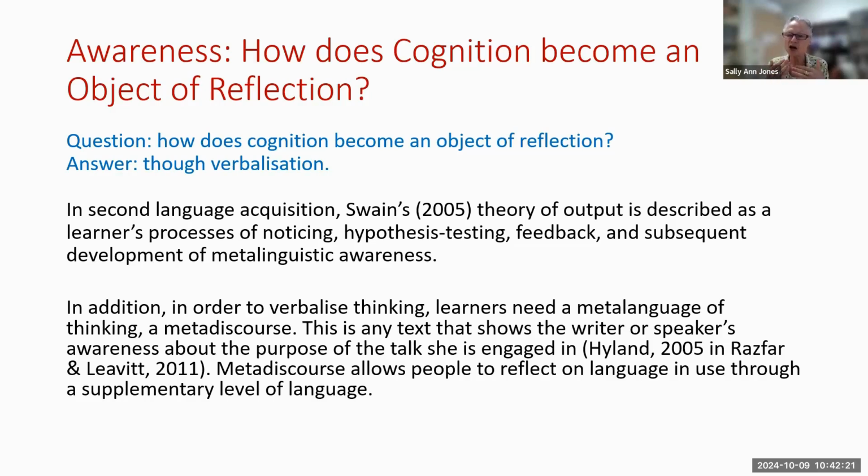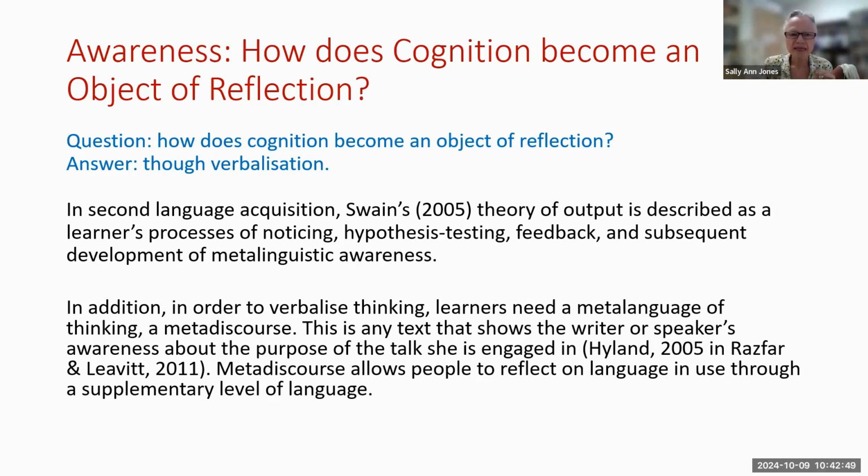They test out their own theories, their own hypotheses about how to use or receive that. They get feedback from the environment or from people, which results in the development of metalinguistic awareness. And now I'm moving to the term metalinguistic awareness, which I'm going to draw into metacognition later on.